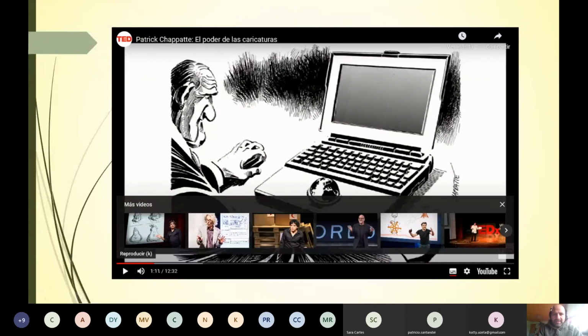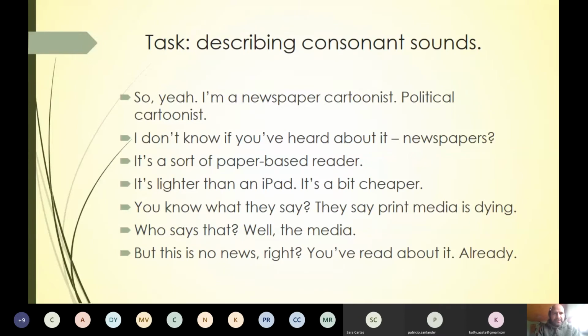All right, so I skipped the first 15 seconds, and this is basically the script for his presentation. The first 30 seconds of his speech, and here I'm highlighting the consonant sounds, right?